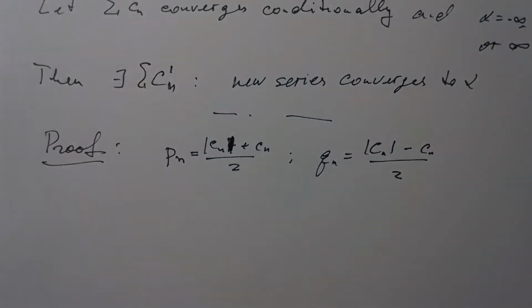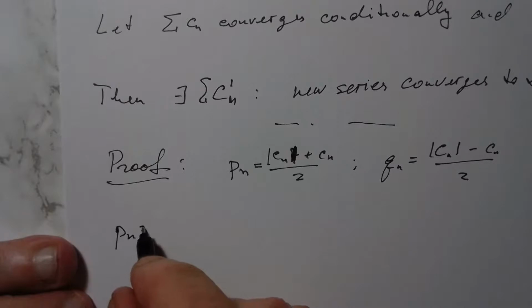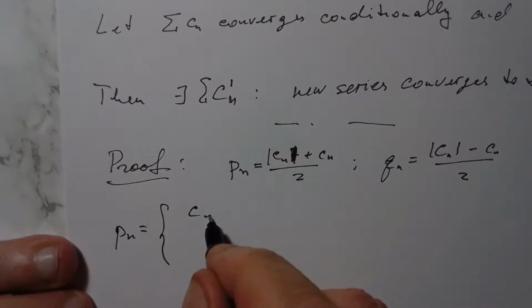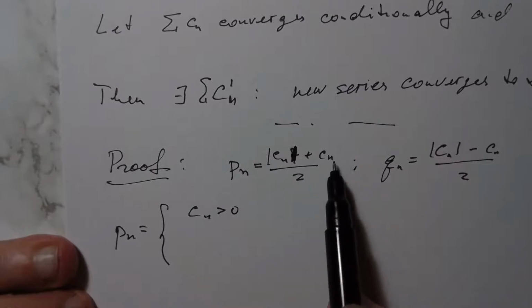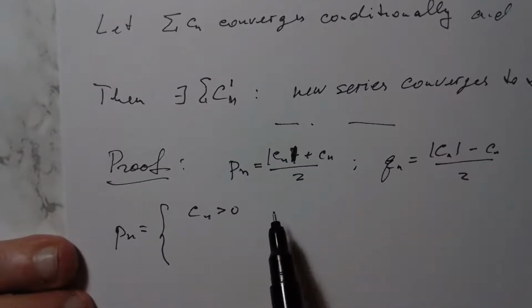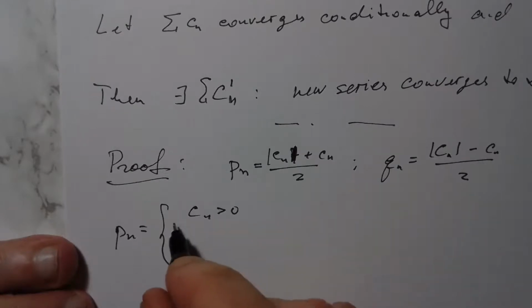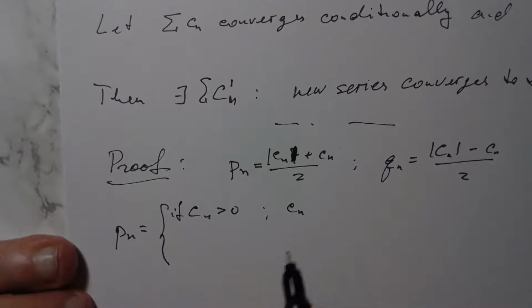Okay, so this is kind of notation, and it may look strange, but what does it mean? For instance, for P_n, if C_n is positive, in that case, the absolute value of C_n plus C_n is simply equal to 2C_n, divided by 2. The result will give me C_n.